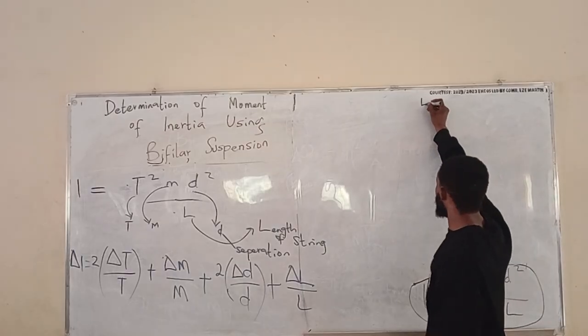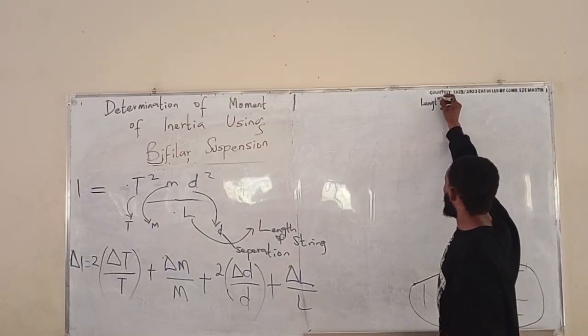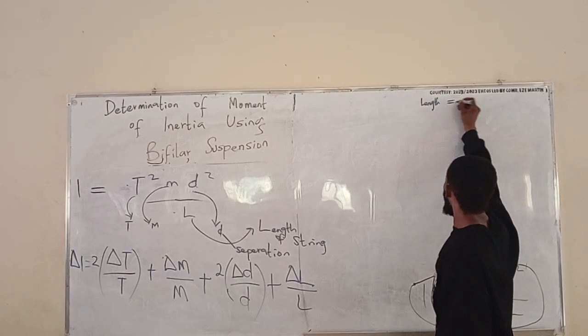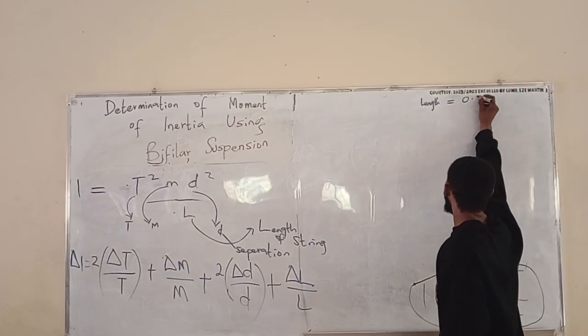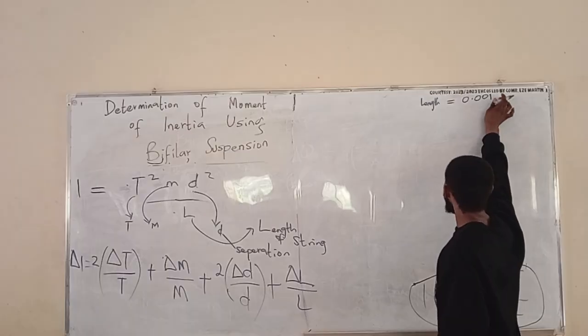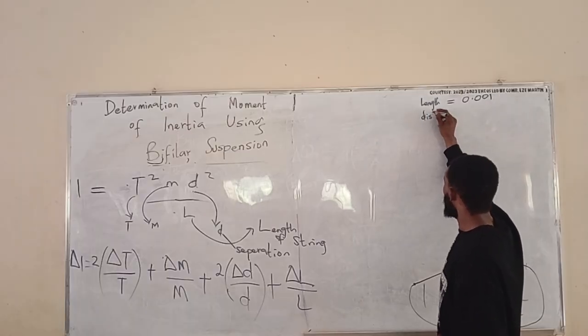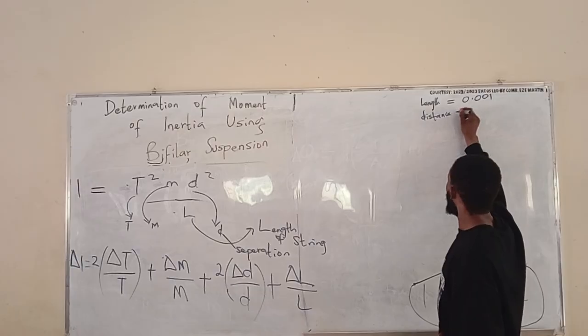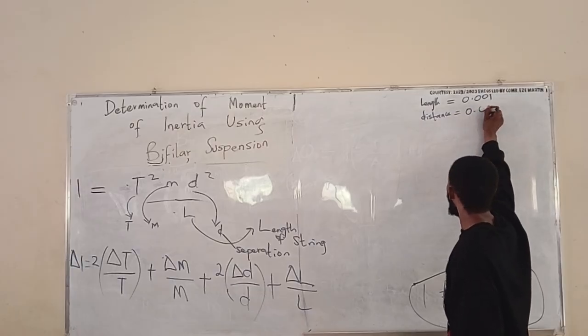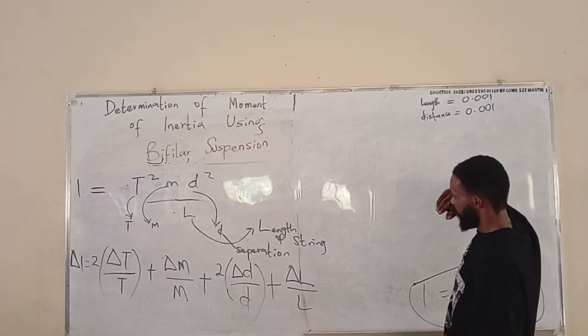So please, for the length of the string, I want you to use 0.001. I'm thinking of WAEC standards. Then the distance, 0.01.